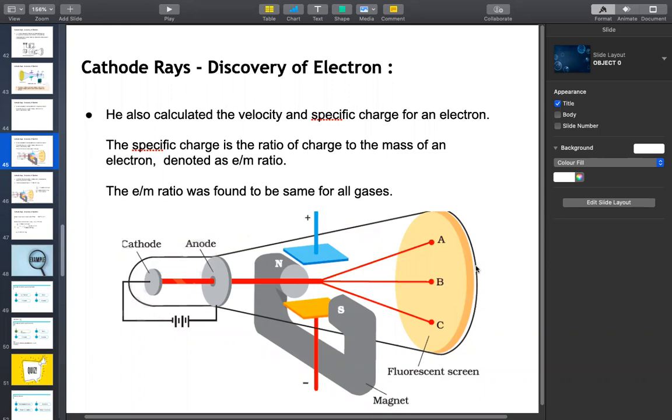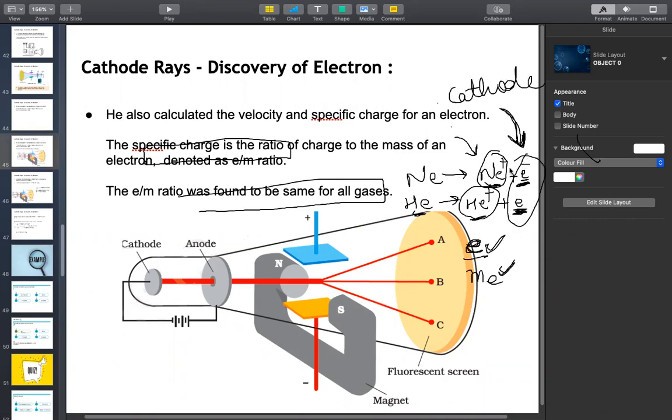Sir, why are we taking such an expression of E by M in the first place? I didn't understand what you are asking, Kaustav. Could you unmute your mic and ask? So why are we taking it exactly to be E by M? No, it was the charge by mass ratio only, but the charge is e minus, that is electron only.